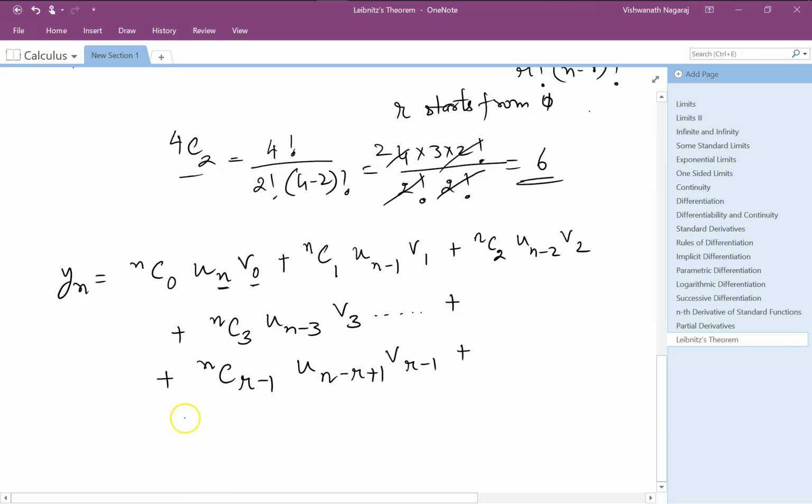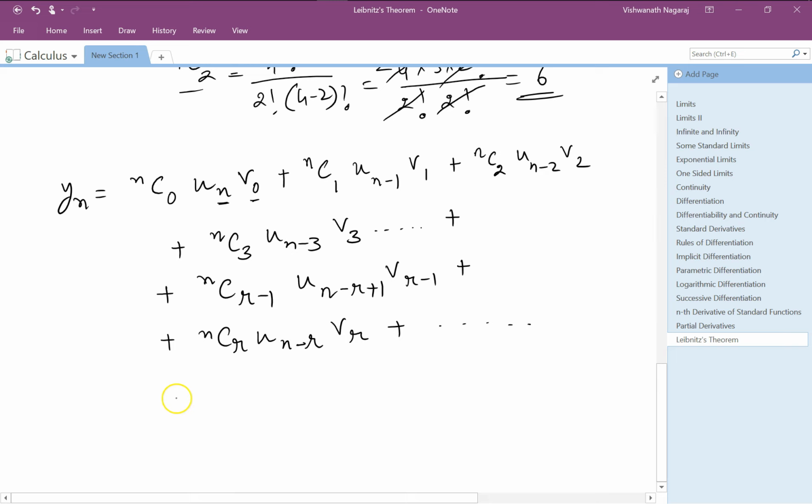So naturally the next term would be nCr u n minus r and v r, plus, and it will keep going, and the final term would become nCn.